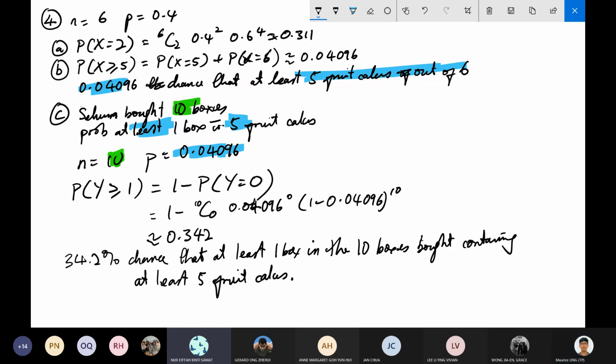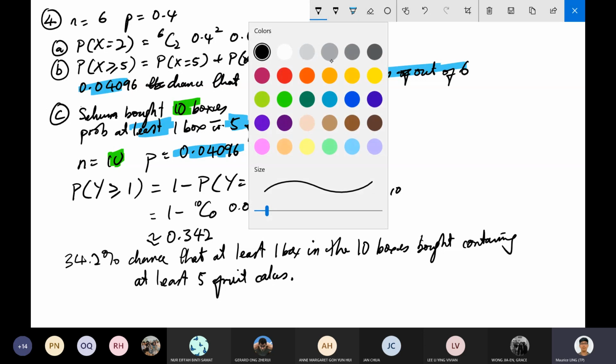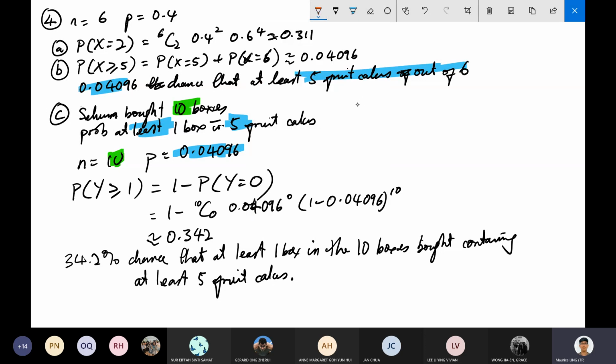If the question says one box with 5 fruit cakes, then okay, let me use a different color pen. If the question says what is the probability that exactly one box has 5 fruit cakes, is that the question? Yes.